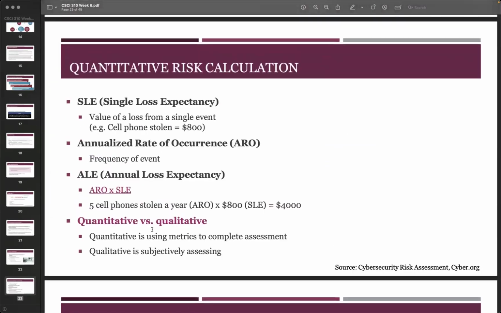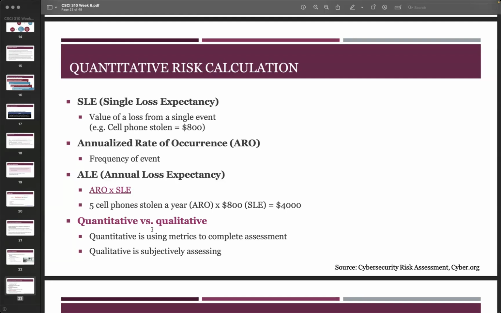Also the quantitative risk calculation. Right here we have the SLE, the single loss expectancy, which is the value of loss of a single event. Okay, so let's say the cell phone, maybe for the document it's really hard, but for the hardware, it has a value. But most of the time, the loss is the personal information, the security data.